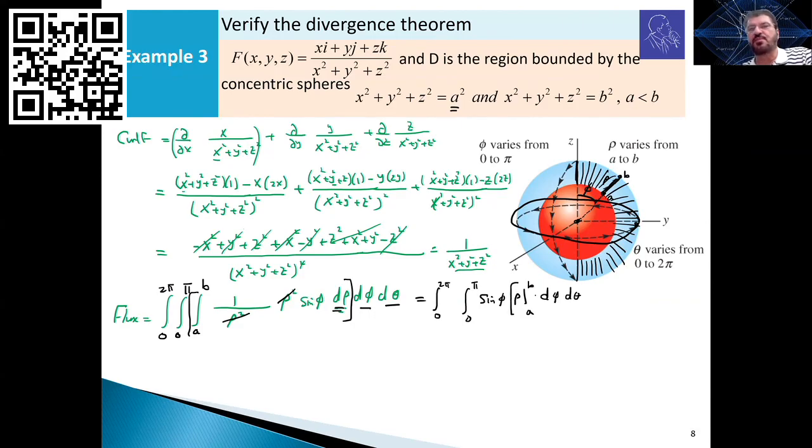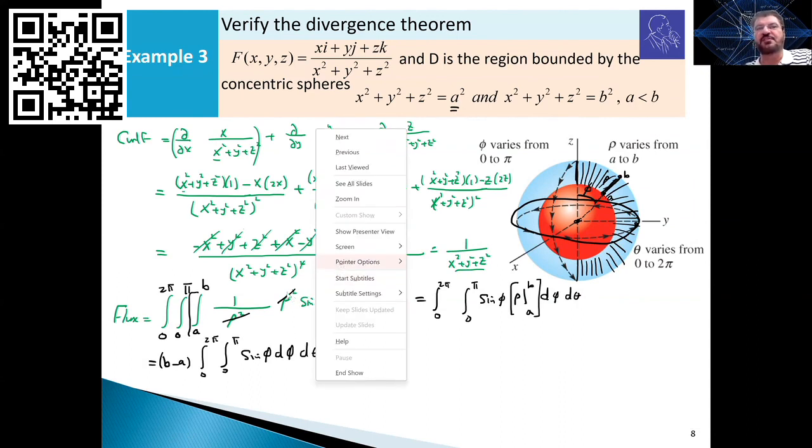Now this is our part here. Put the B, so it's going to be B minus A. B minus A is a constant, it can be taken out. So I'm left with 0 to 2 pi, 0 to pi. Now what? We have sine phi, d phi, d theta. Now again, where do we go? We go inside.